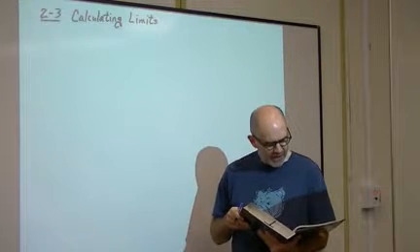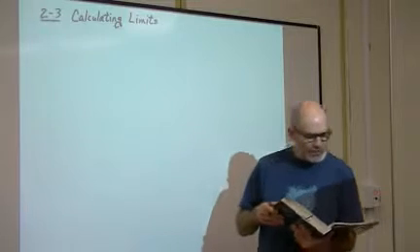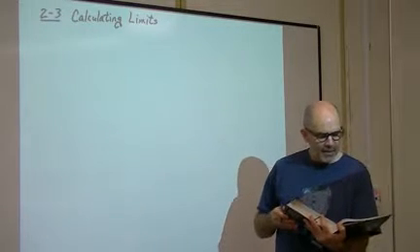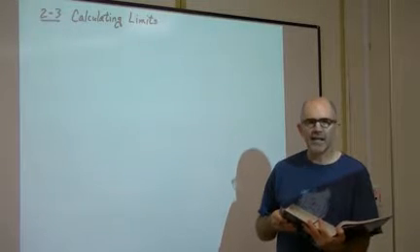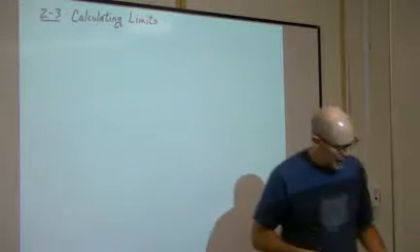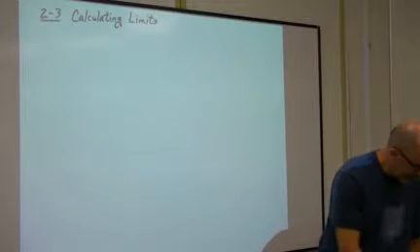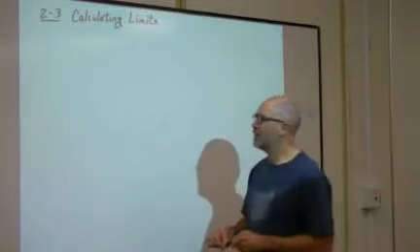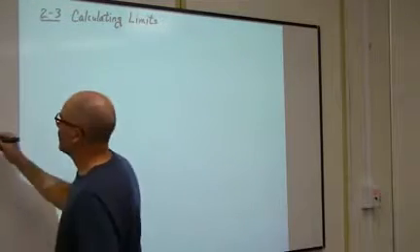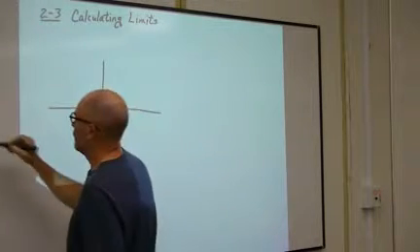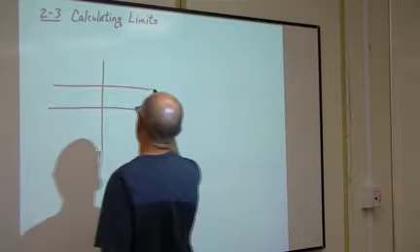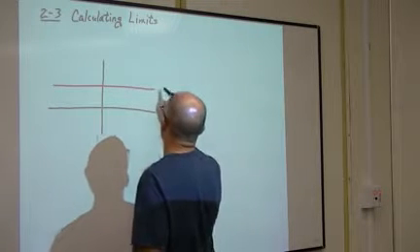Okay, limit laws 7, 8, 9, 10 are pretty simple. The limit as x approaches a of c equals c. Let's take a look at that graphically. If I have a function y equals c, so here's my function y equals c.